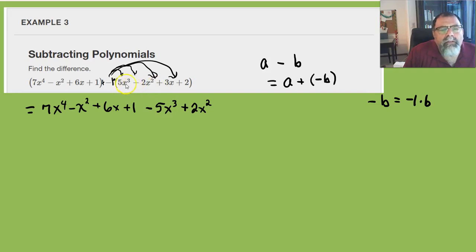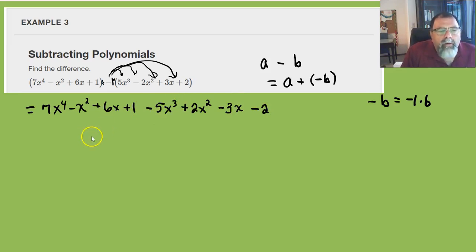That's another way you can think of opposite. Either way, distributing the negative 1 or changing all the signs, you get the same result. So negative 1 times positive 3 is negative 3x, and negative 1 times positive 2 is negative 2. Again, in our head, we're thinking this is plus a negative 5x cubed.